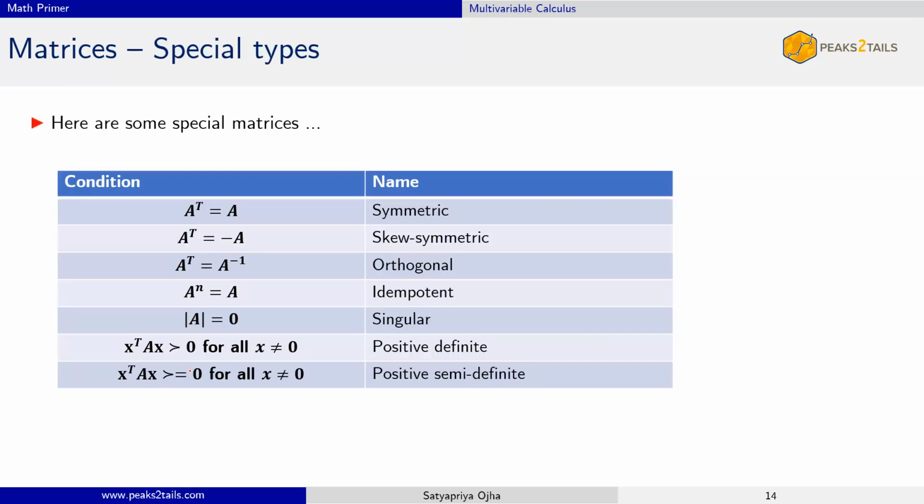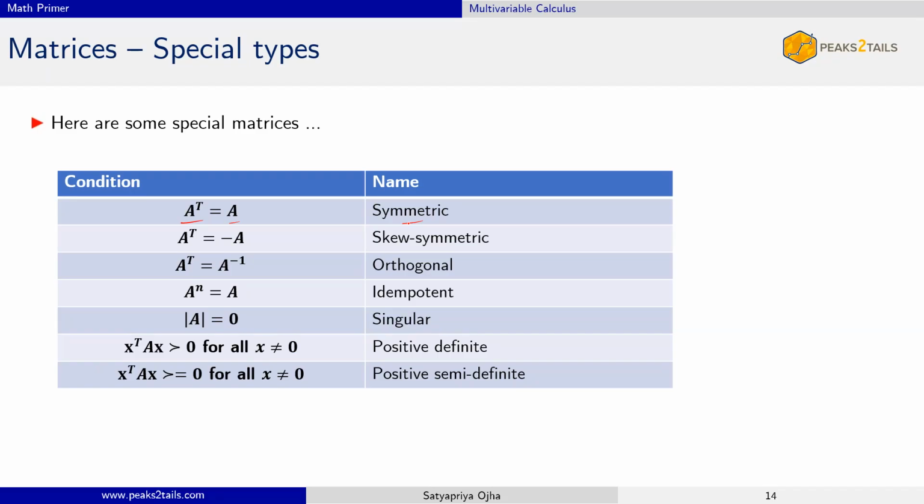All right. Now, special matrices. If A transpose is the same as A, that's a symmetric matrix. You remember in a symmetric matrix, we have the ijth element, which is the same as the jith element, and the transpose operation precisely takes the ijth element and puts it in the jith place.